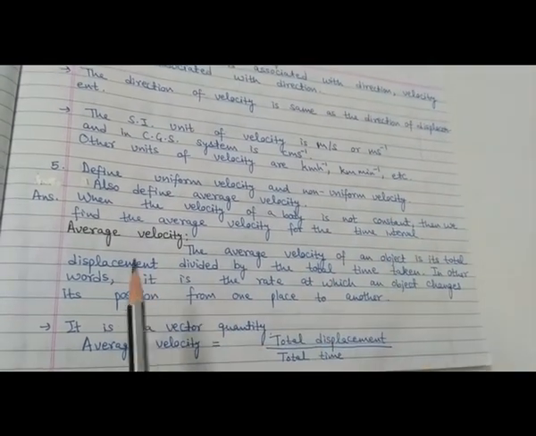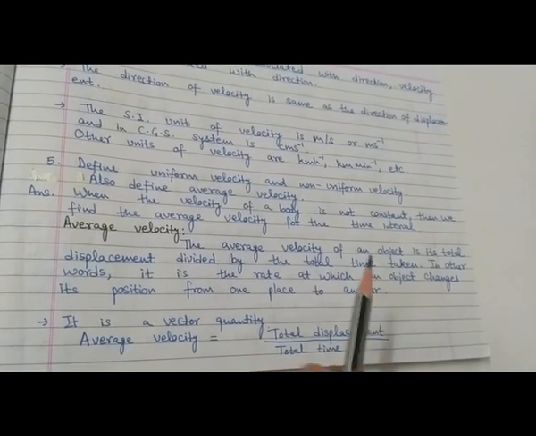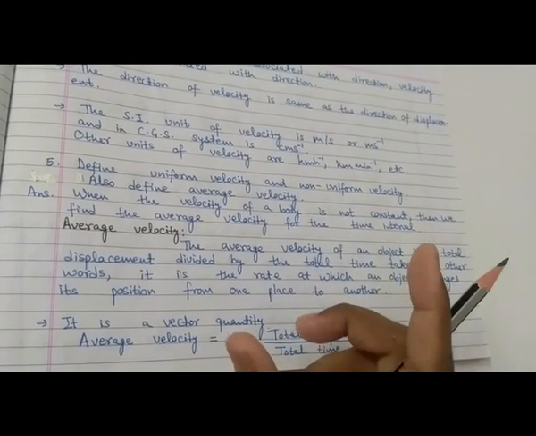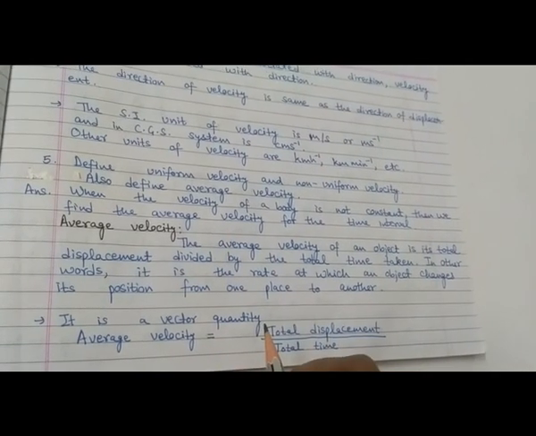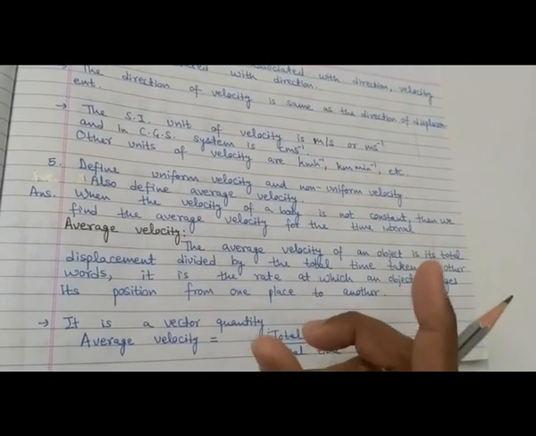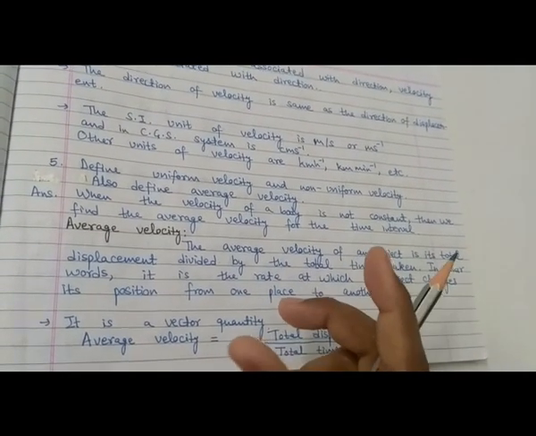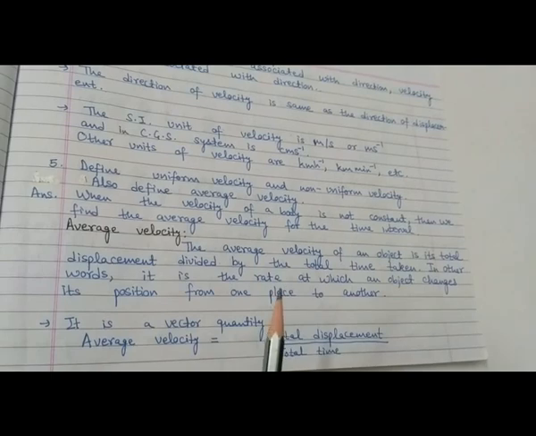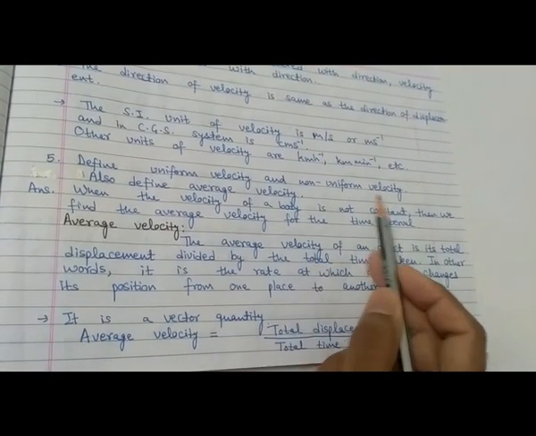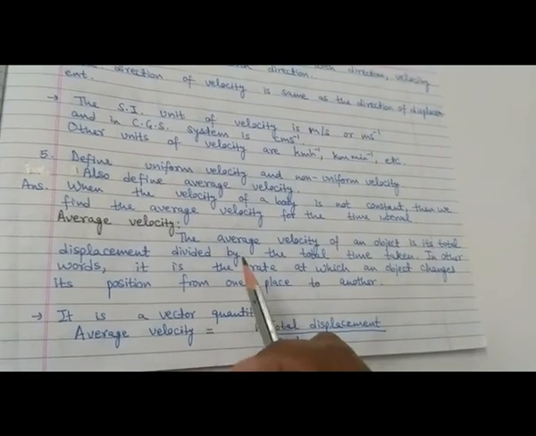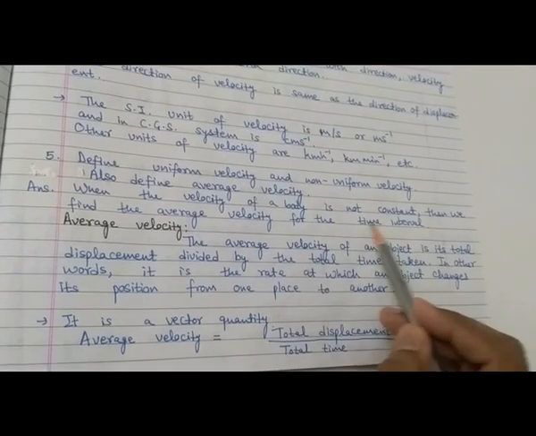When there is a change in velocity during the entire journey and there is no fixed velocity throughout, then the overall journey will be considered according to its average velocity. When the velocity of a body is not constant, not fixed, then we find the average velocity for the time interval.